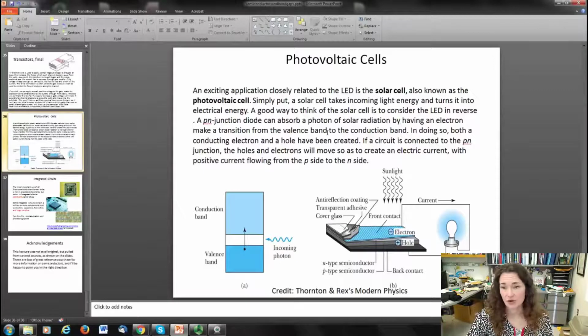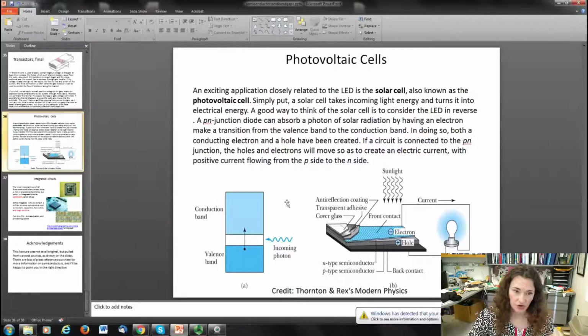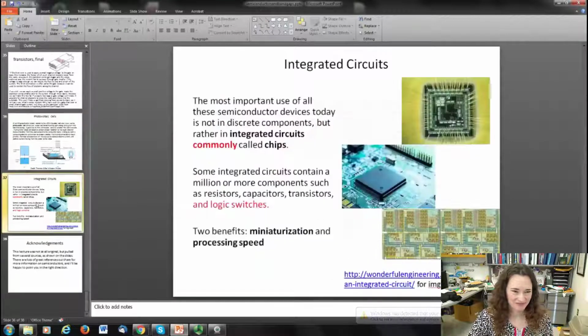In doing so, a conducting electron and a hole are created. If you connect a circuit to that junction, then the holes and electrons will move so as to create a current, with a positive current flowing from the p side to the n side. So that's basically what a photovoltaic cell is, a p-n junction in reverse.